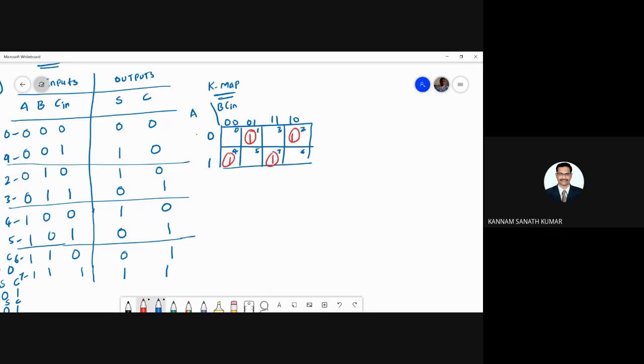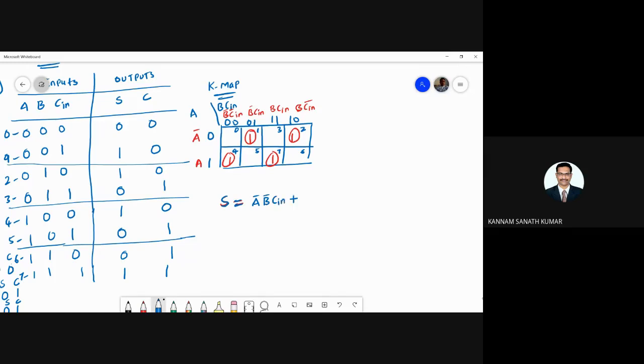Okay. So here this is nothing but A bar, and this is A, and this is B bar C in, B bar C bar in, B C in, B C bar in. Okay. So if you write the expression for sum, so what you are getting? So expression for sum: A bar, B bar, C in.